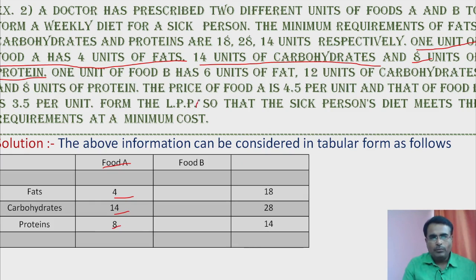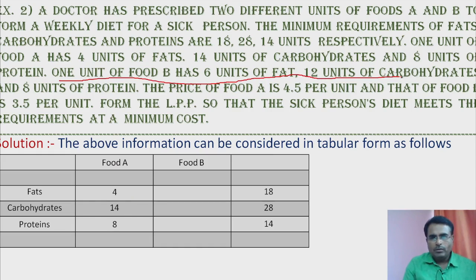Next, the information is given about food B. 1 unit of food B has 6 units of fats, 12 units of carbohydrates and 8 units of proteins. So that information is considered here.